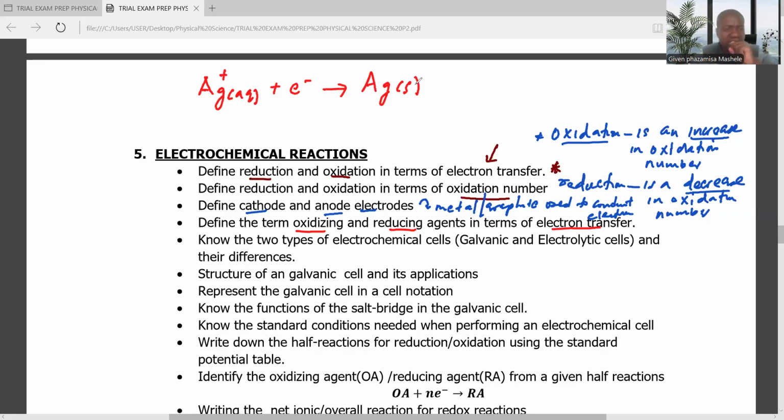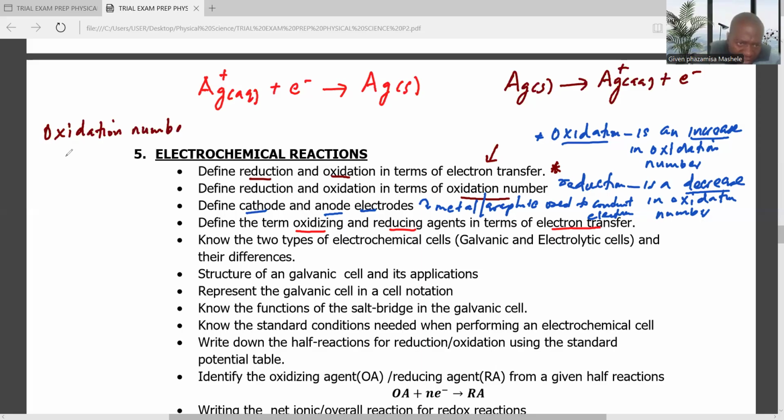Then I'm going to change this reaction again. I want you to understand something very important here. Silver as a solid gives rise to silver ion plus an electron. Very important, ladies and gentlemen. In grade 11, you went through a chapter called redox reaction, which has to do with oxidation number.